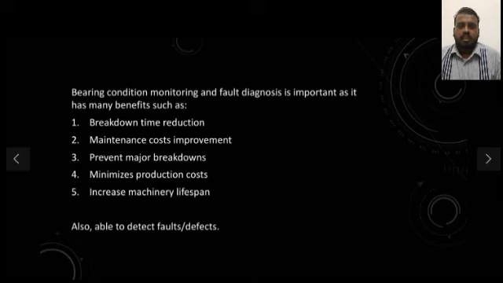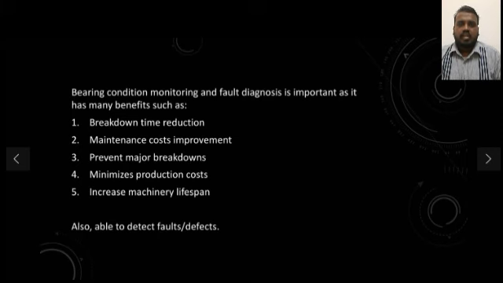Bearing condition monitoring and fault diagnosis is important as it is able to improve a machine's uptime and efficiency while also cutting down machine breakdown time and maintenance costs significantly. It is also important to have an effective bearing condition monitoring and fault diagnosis as it enables the beginnings of bearing faults to be detected early on and correctly diagnosed, which prevents the faults or defects from deteriorating further, causing a major breakdown or hazard to personnel.